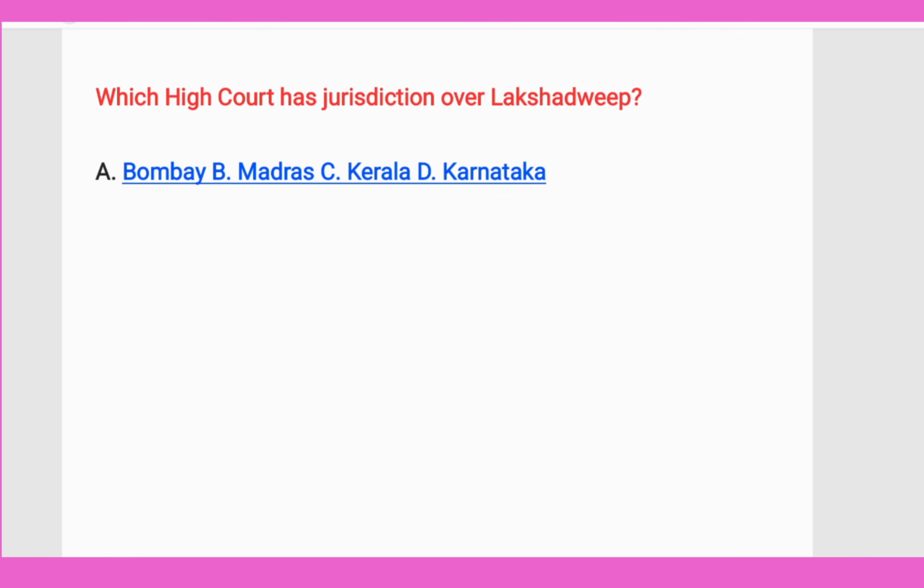And the next question is, which High Court has jurisdiction over Lakshadweep? The answer is the Kerala High Court. The Kerala High Court has jurisdiction over Lakshadweep. Okay. In India there are 25 High Courts.